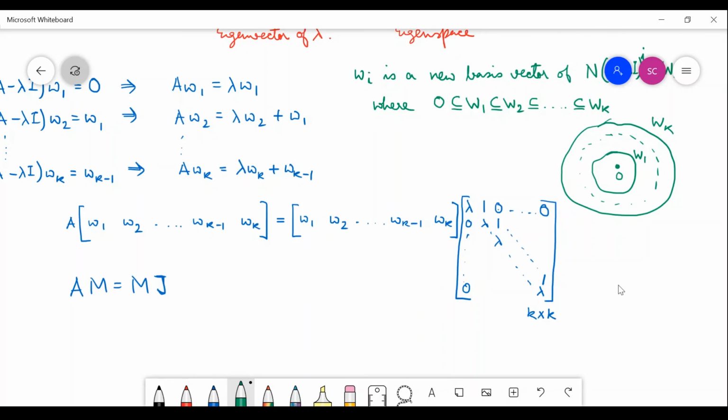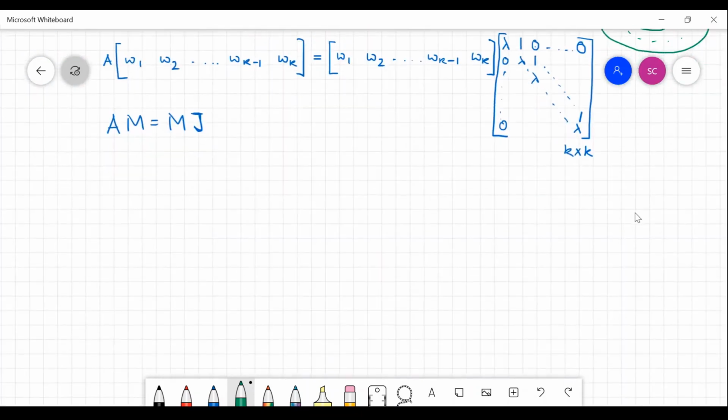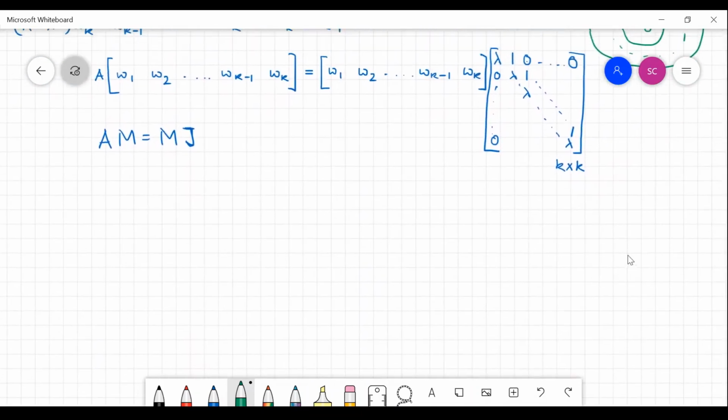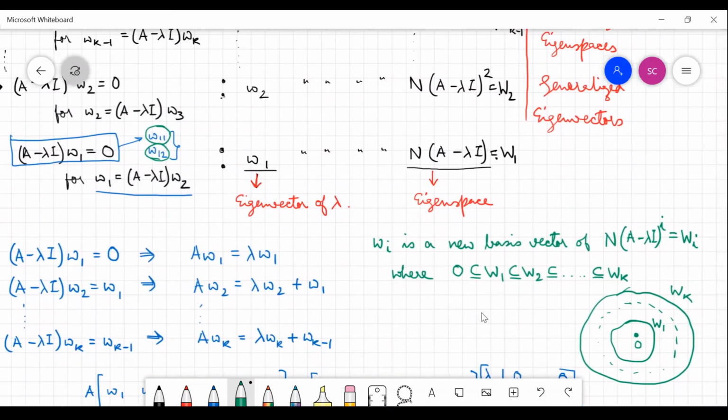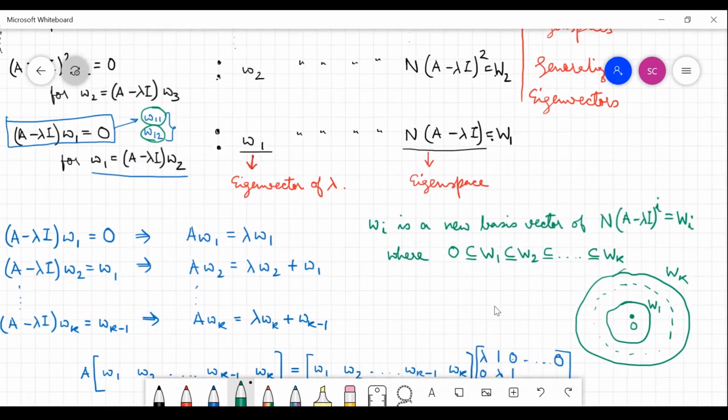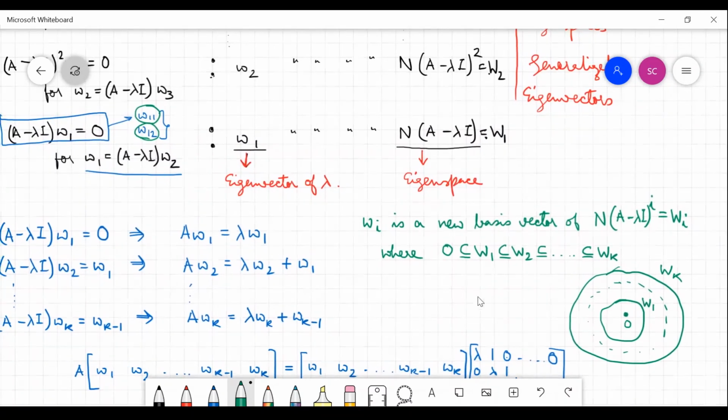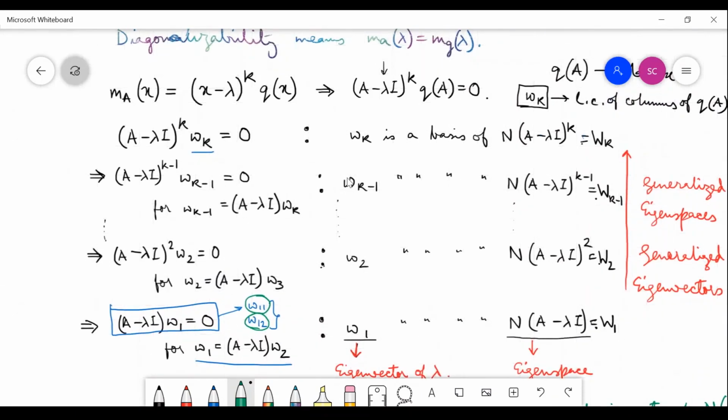So let me just have a look at my notes. Yeah, so I will just write down two lines for your benefit. Why am I able to say that omega i is a new basis vector? Let me again go through this explanation.